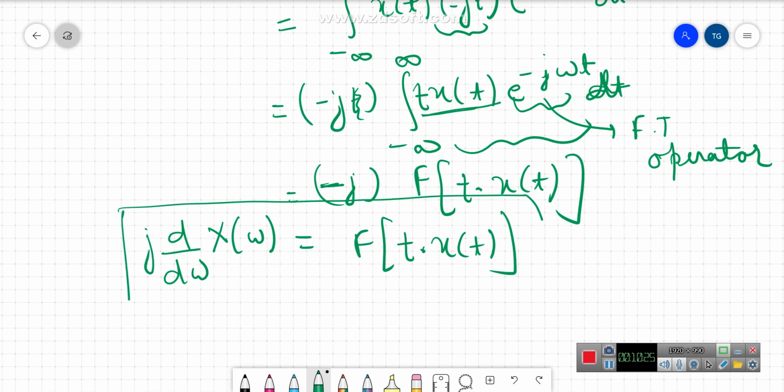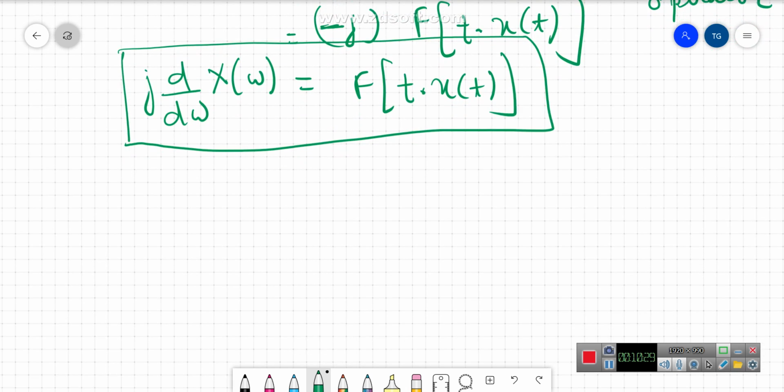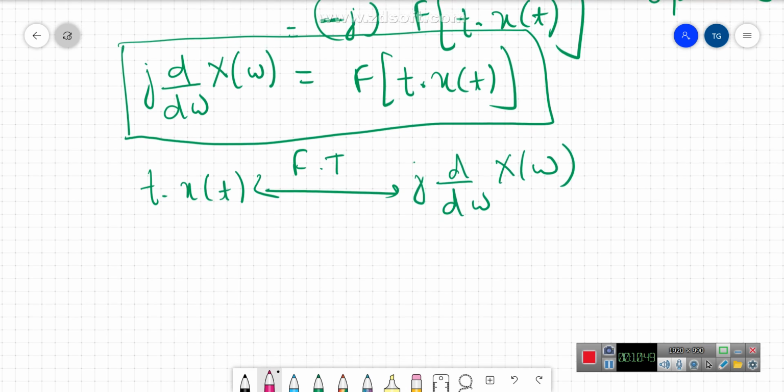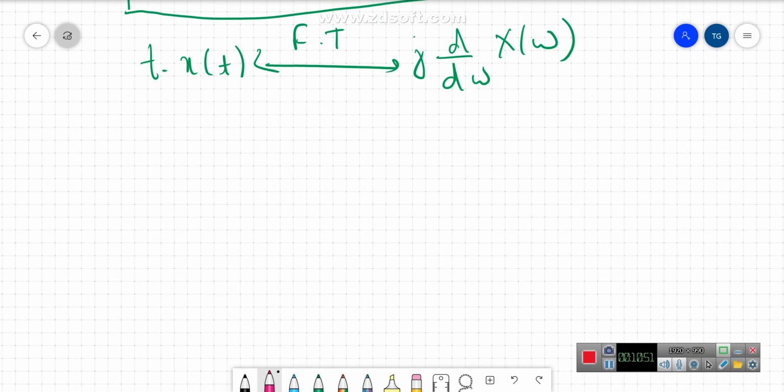So this is how we prove this property, and from here this can be written as: the Fourier transform of t into x of t is nothing but j d by d omega of X of omega. Now we have successfully proved this property, that is differentiation in the frequency domain.